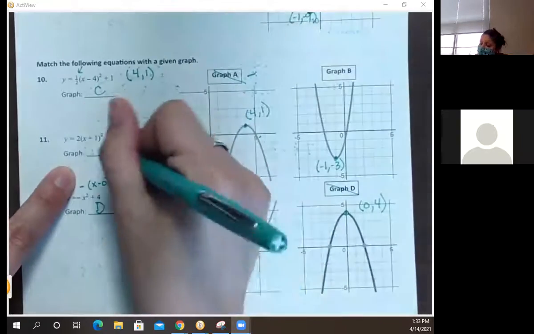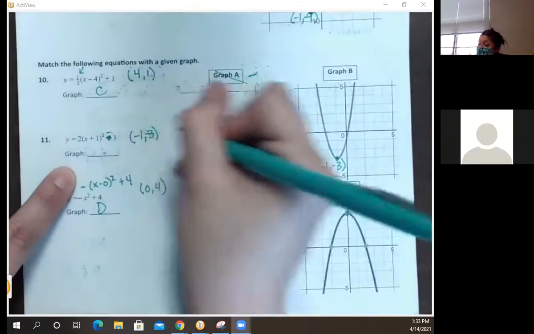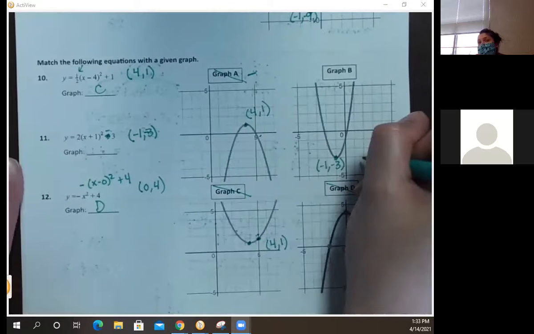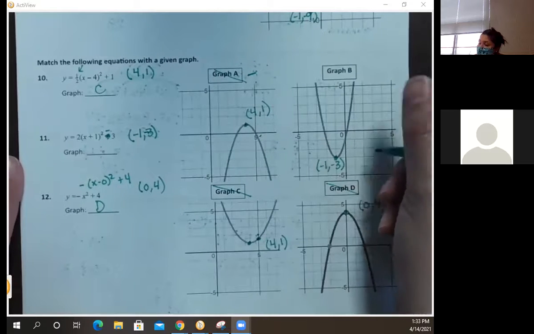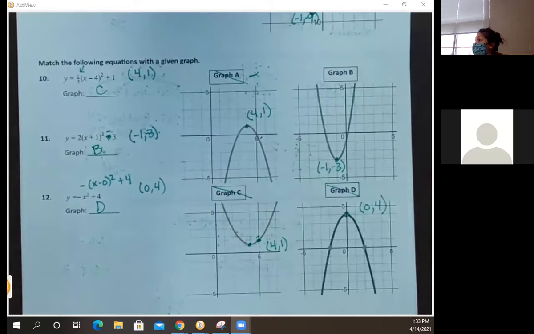There's actually a typo in the problem for number 11. This is supposed to be minus, and this then should have been -1, -3. When you took the test, if you told me B was the match there, I gave you credit because B should have been the match if there weren't a typo. If you told me none of these match, I gave you credit for that as well because you're correct with that typo, none of these match. Okay.